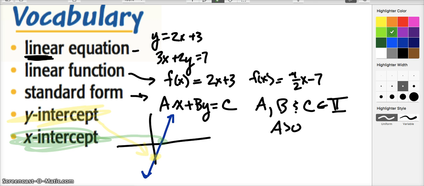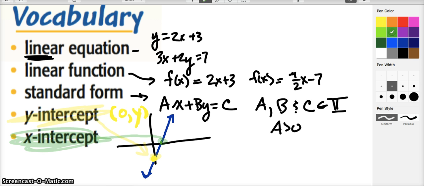Now, to talk a little bit more about what point that is, I'm going to use a solid color. So the y-intercept is going to be the y value of the equation when x is equal to 0. Because notice where it's located. This point is exactly where x is equal to 0. And so the y value will be the y-intercept.